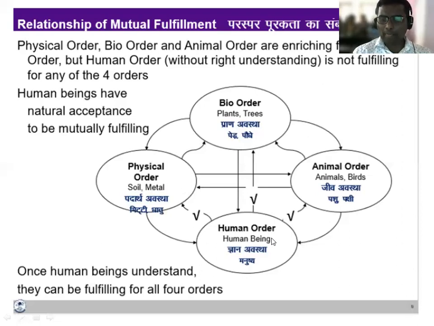अपेक्षित काय आहे? ऑन द बेसिस ऑफ नॅचरल ऍक्सेप्टन्स it is expected that the human order is also having the mutual fulfillment with all these remaining 3 orders. That is expected thing.